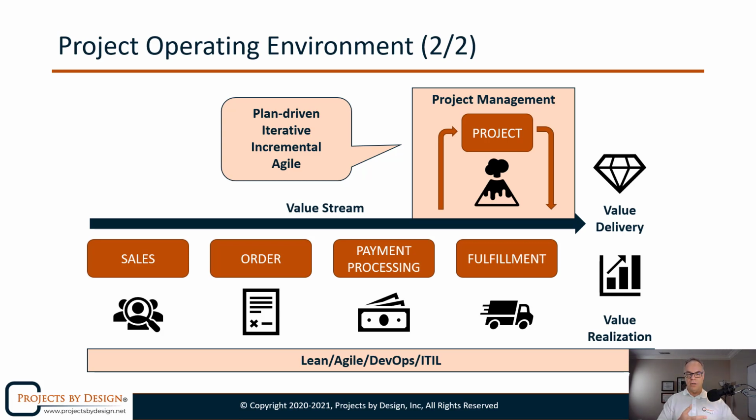Because these practices work very well within all kinds of different operations. We're just going to leverage them as we deliver our projects. And by the way, what's the one that's missing here? That is Disciplined Agile. Disciplined Agile is the one set of methods and practices that addresses everything within the value stream.